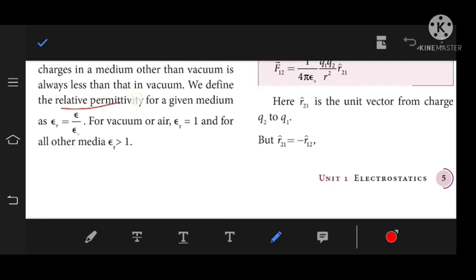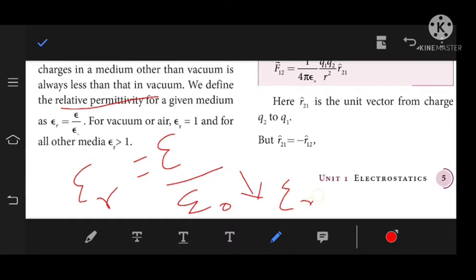Now the new term is relative permittivity. Relative permittivity epsilon R is the ratio of the permittivity of the medium to the permittivity of vacuum. For air or any medium we can use epsilon, and epsilon is always greater than epsilon naught, which means epsilon R is greater than 1.